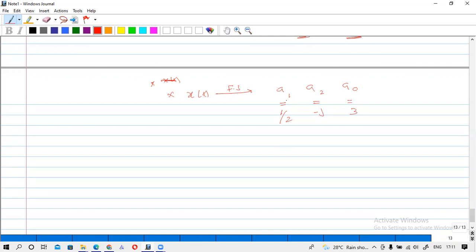So if you get the time reverse signal x(-t), tell me what are the Fourier series coefficients bk and what is the value? Can you tell me?